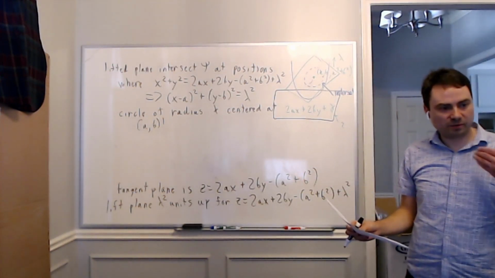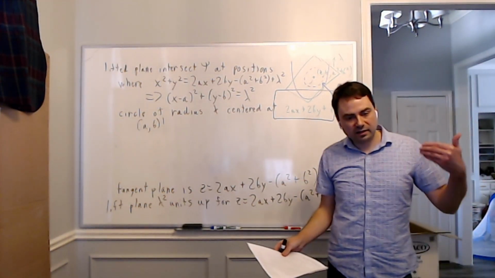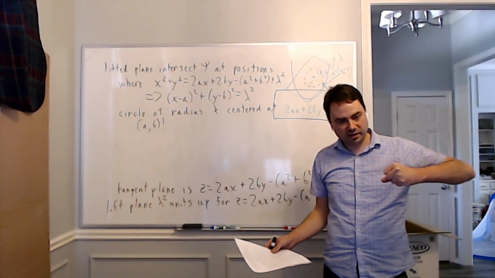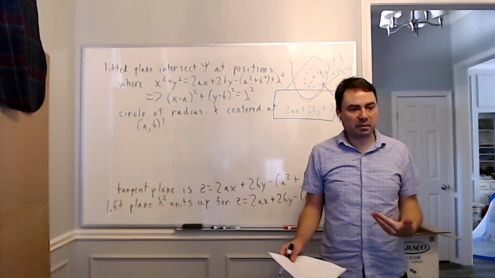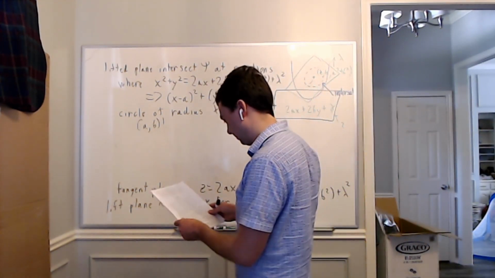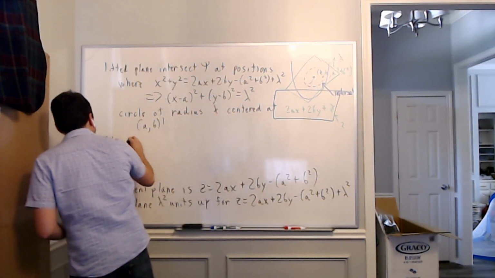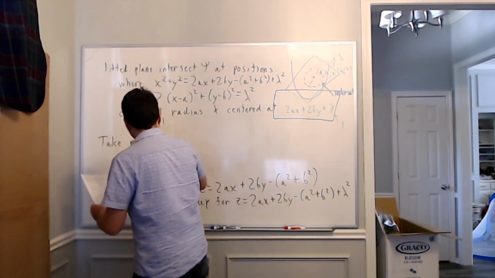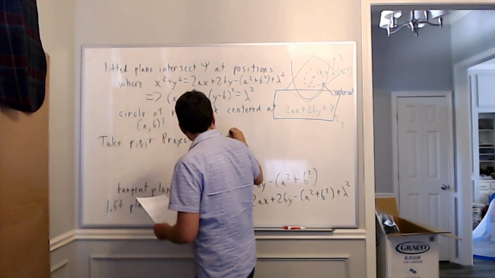Okay, so with this knowledge, we're pretty much ready to prove that lemma: if I have the 4 points P, Q, R, and S, then S lies within the circle through P, Q, and R if and only if S lies above the plane passing through lifted P, Q, and R. So take P, Q, and R. Then what we see is the projection of their circumcircle.